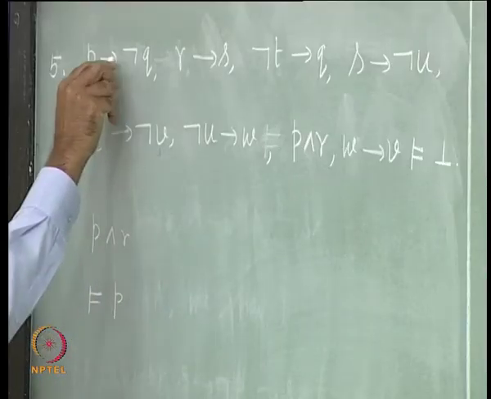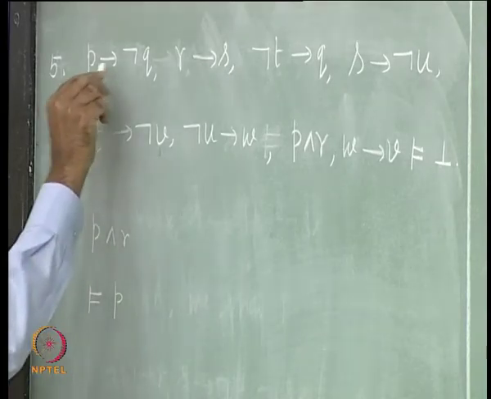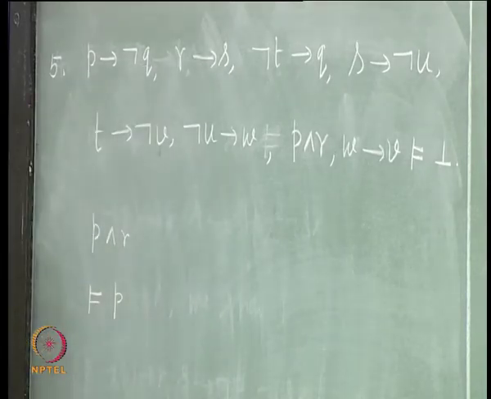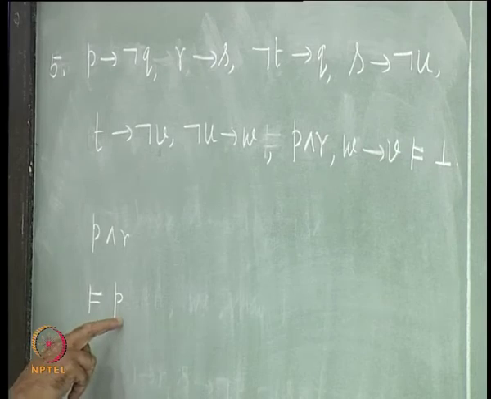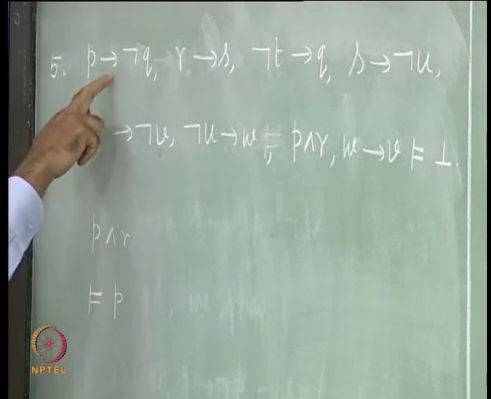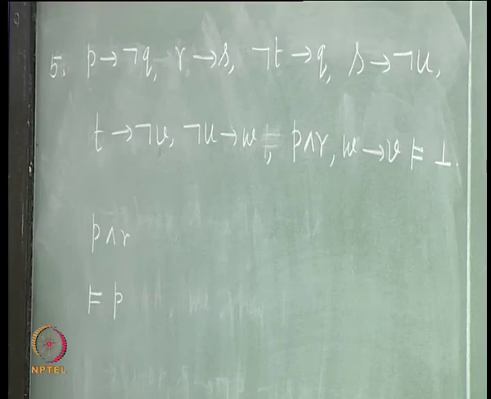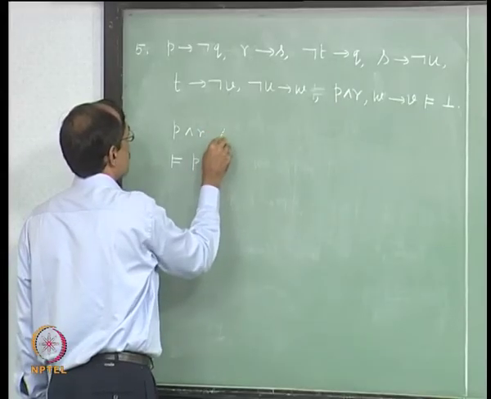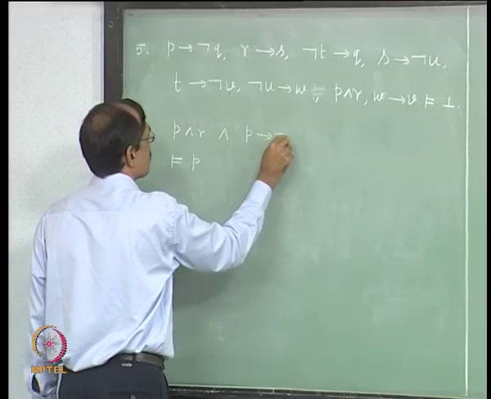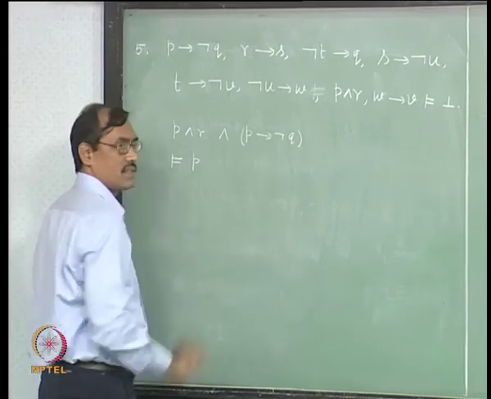Then from P I want to use P implies not Q, right. So I can just keep R as it is and then manipulate all the others, fine. So instead of entails P, I will introduce a new premise P implies not Q and keep my R as it is. So let us start with this AND P implies not Q, this I can start with.